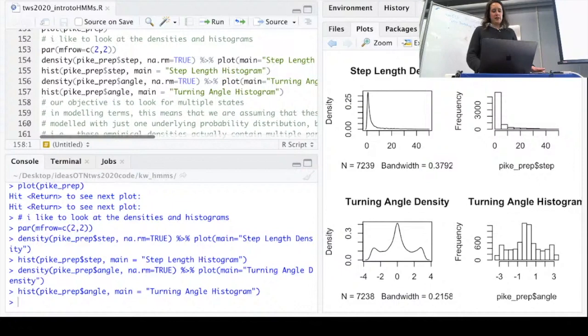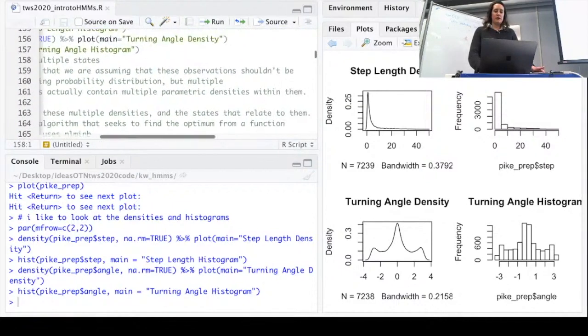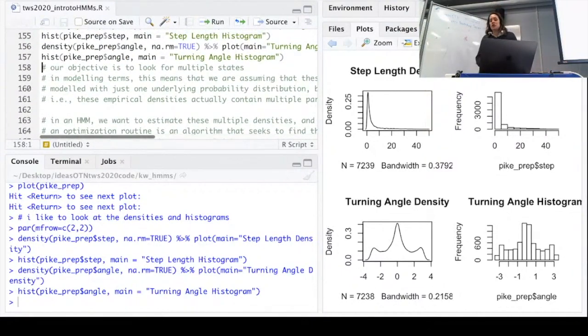So our objective here is to look for multiple states. And in modeling terms, again, this means that we're assuming that observations shouldn't actually be modeled with just one underlying probability distribution for each of these. So, for example, for each of these, we're assuming that there are multiple distributions that are acting together to give rise to this empirical distribution here.